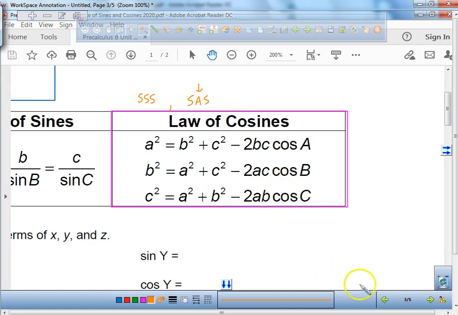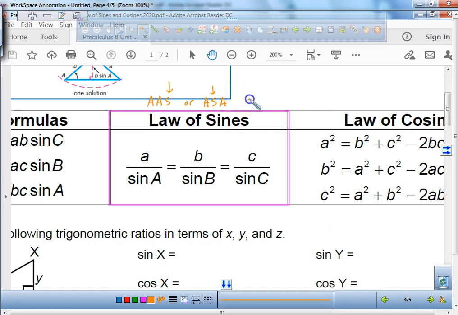All right? Now, sometimes you can use the law of sines for side, side, angle, but you got to be careful because there's called an ambiguous case, which we're not going to run into today, but there might be an ambiguous case where it doesn't work. Okay, so we got to be careful of that.